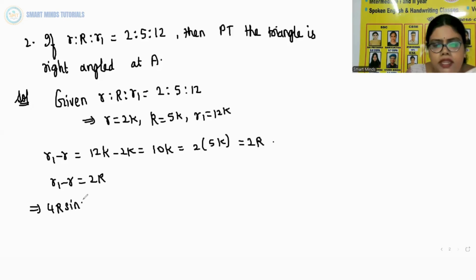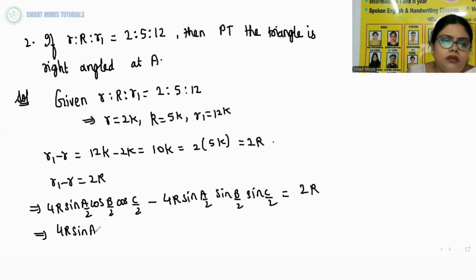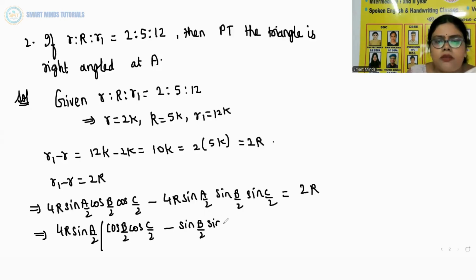4R sin(A by 2) cos(B by 2) cos(C by 2) minus R, which can be written as 4R sin(A by 2) sin(B by 2) sin(C by 2), is equal to 2 into R. Now if we take 4R sin(A by 2) common, we get cos(B by 2) cos(C by 2) minus sin(B by 2) sin(C by 2) is equal to 2R.